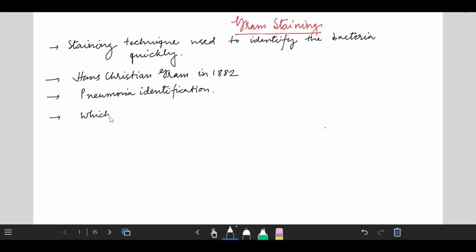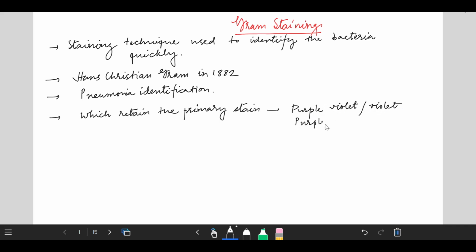So, which retains the color and appears as purple violet or purple brown or violet is identified as gram positive.